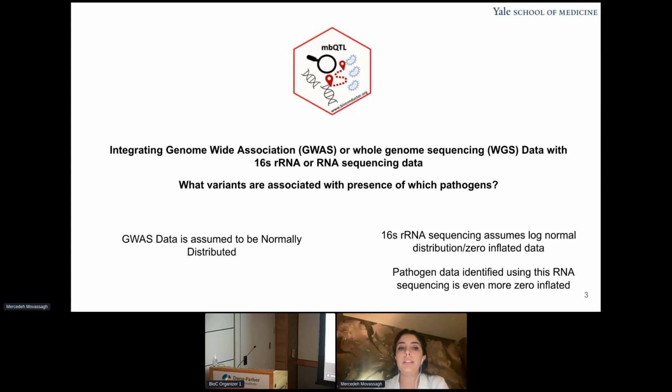So we're really dealing with two types of data, and we have to come up with the best way to integrate one type into another. Overall, because we're making predictions on SNPs, we're going to assume normal distributions in a model. However, we're going to get our pathogen data in a way that can be incorporated and integrated into a GWAS analysis.